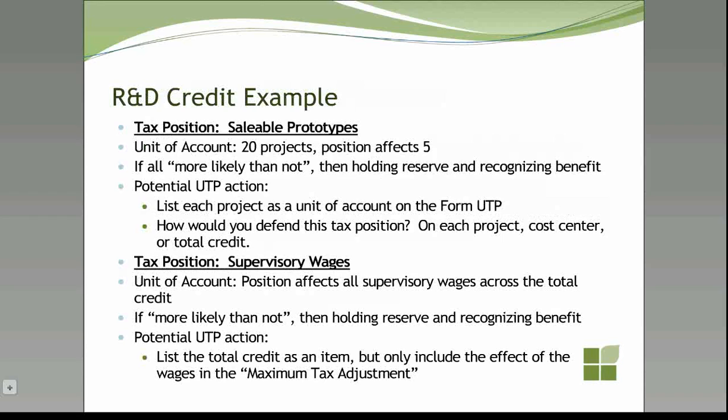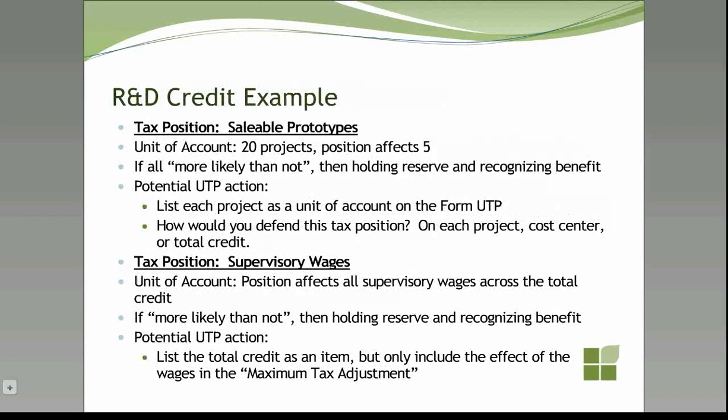Now, the thing that muddies it up is that you might have, say, 5 positions that affect all the projects, so it's not always that clear cut. But again, think about how you defend this tax position on each project, cost center, or total credit, and that going into your FIN 48 as well as going into your UTP.